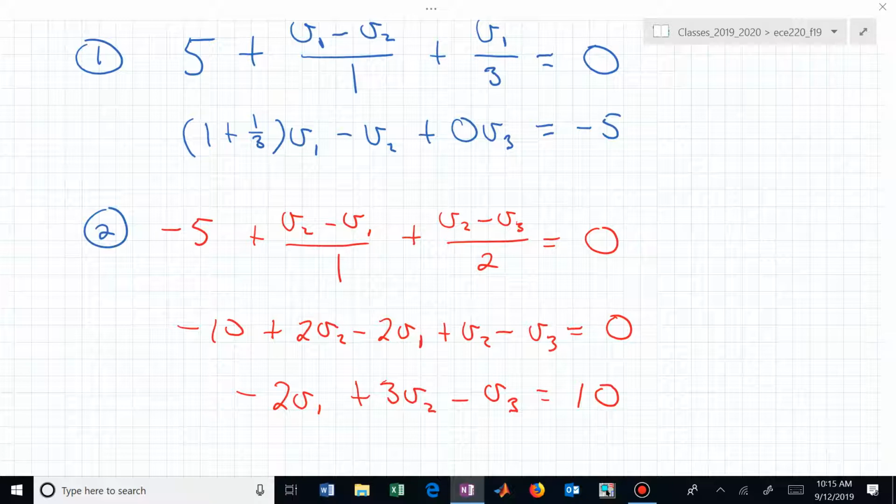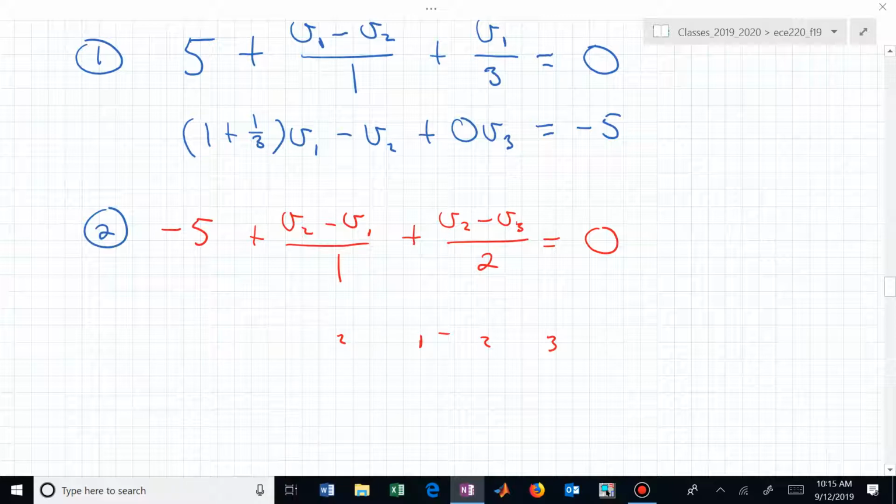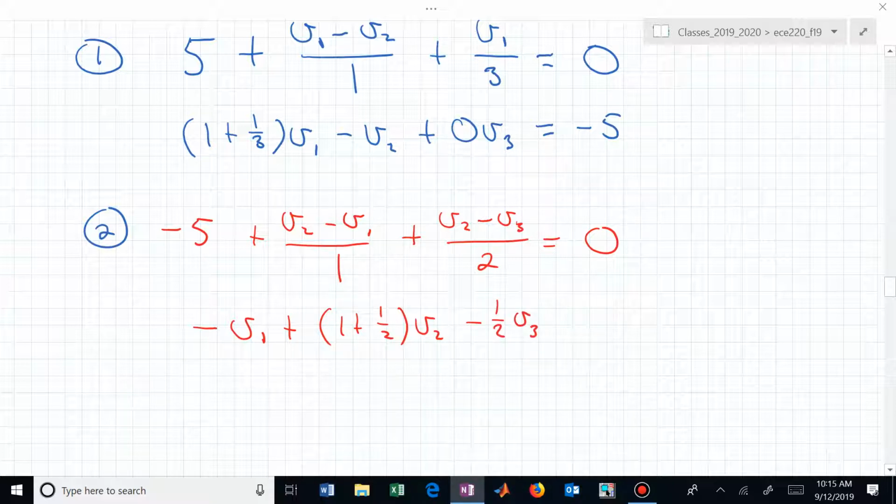Actually, I didn't want to do that. Let me just keep it, because I didn't do that before, did I? Let me just, so you can see where these numbers are coming from, say this is now minus V1 plus 1 plus 1/2 V sub 2 minus 1/2 V sub 3 equaling 5.